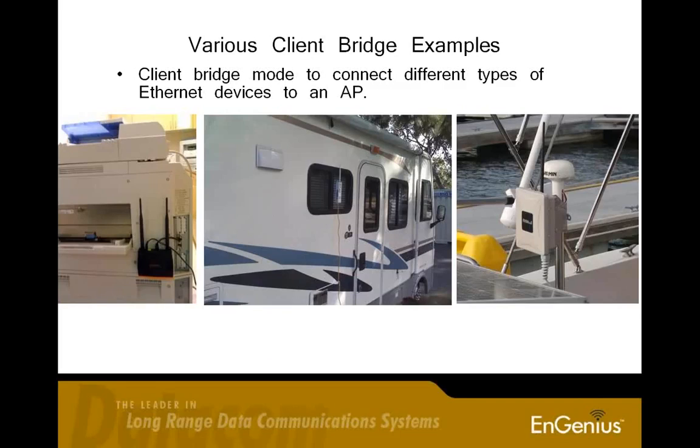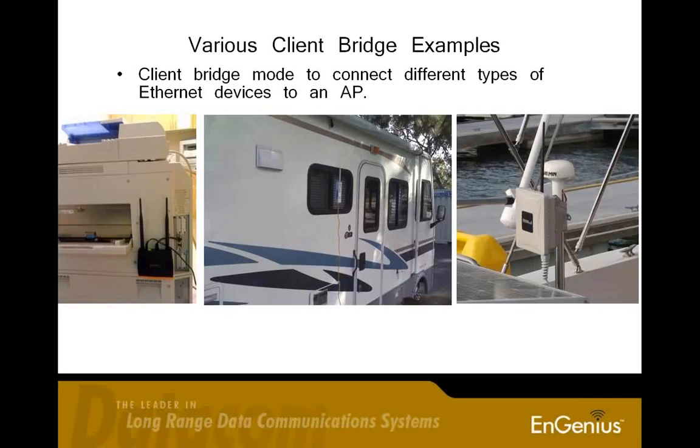Here are some other various real-life deployments used by our customers. To the left is an ECB 3500. While we introduced it as an access point earlier, since it is capable of multiple modes, it is being used as a client bridge to provide wireless connectivity to a network printer. The middle picture shows the EOC 1650, which we didn't talk about.